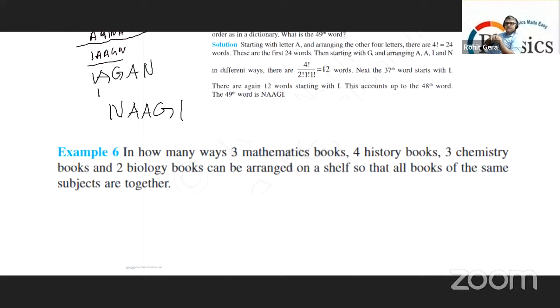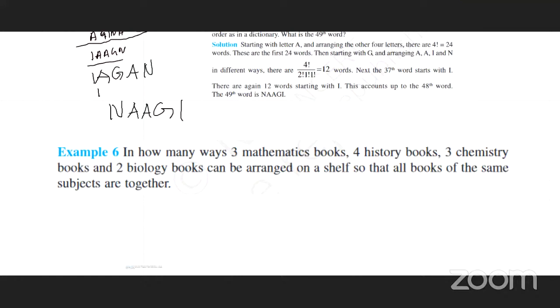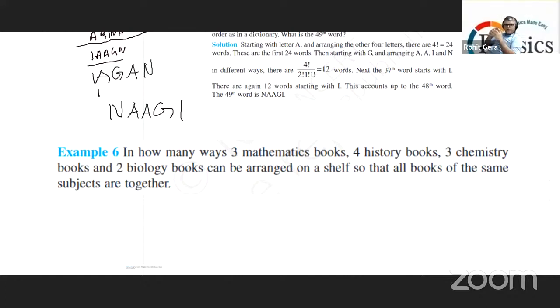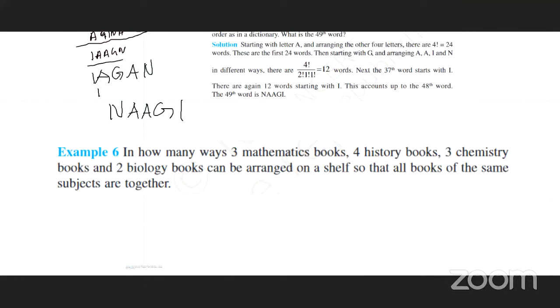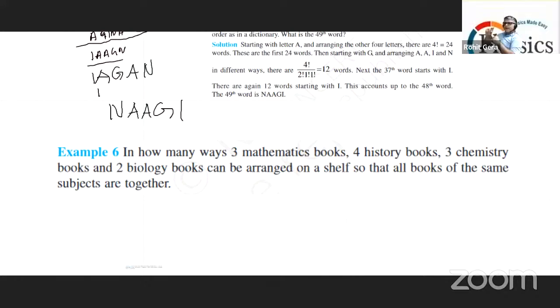What is your answer? 4 factorial is the number of ways the bundles can be arranged, because there are 4 bundles. 4 bundles can be arranged in 24 ways. Then within a bundle, you can arrange books. Maths can be arranged in 3 factorial ways.